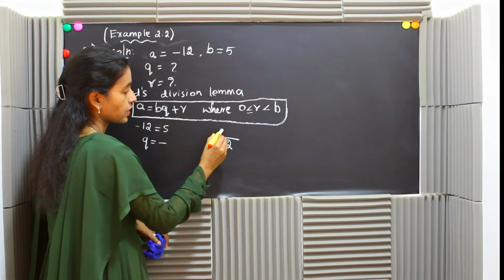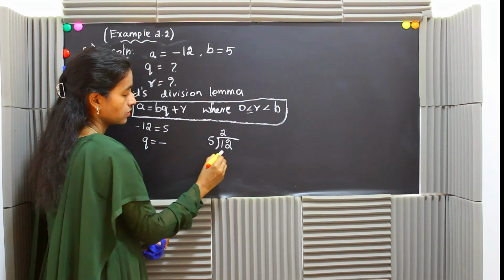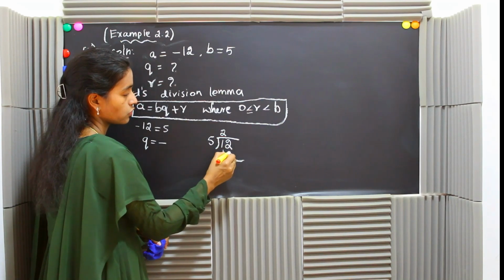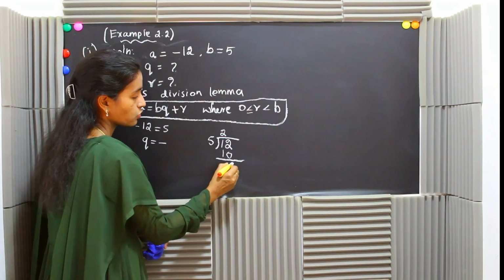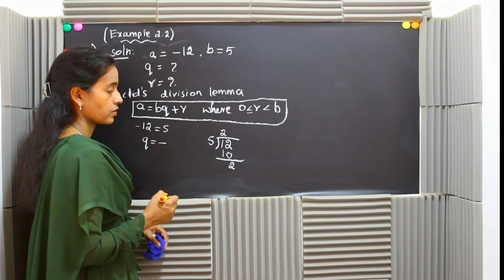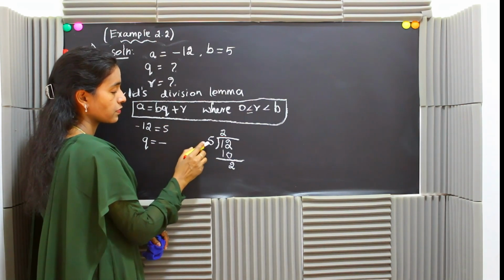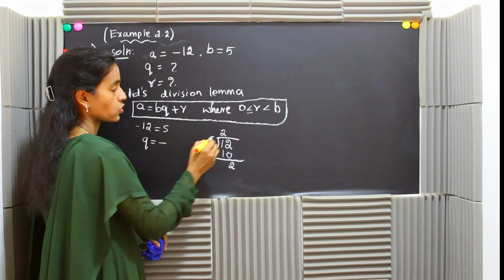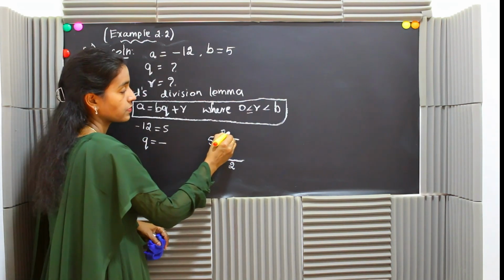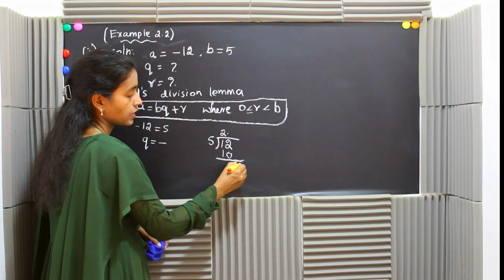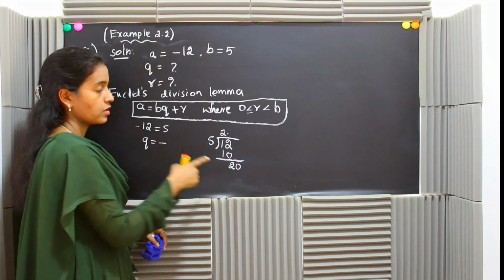1 5 is 5, 2 5s are 10. If I subtract 10 from 12, I'll be getting 2. Then we couldn't divide 2 by 5. So what I'm going to do is, we can put a point here and add a 0.